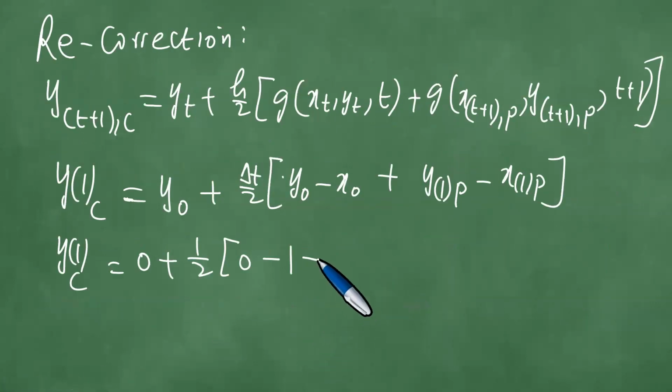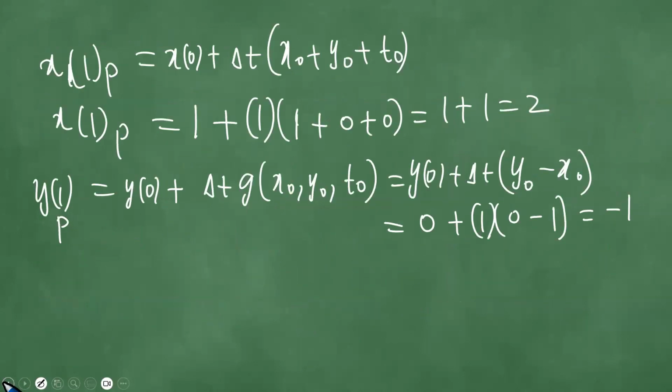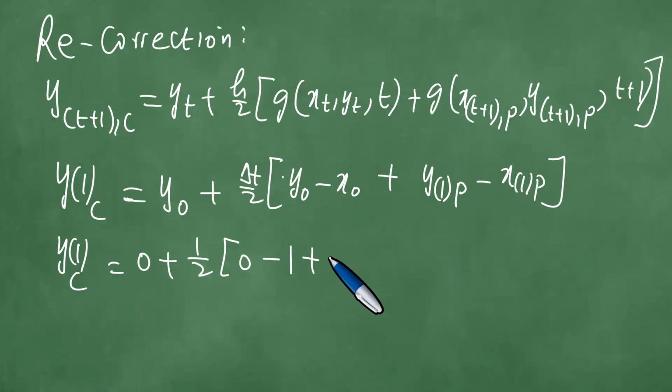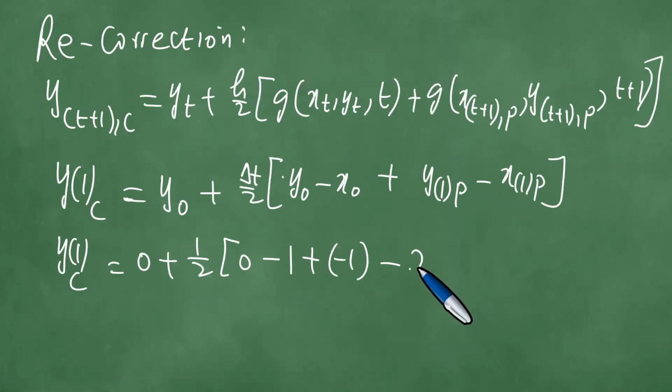So we actually have that y1p is minus 1. Let's substitute that one. We're getting a minus 1 here. X1p, 2.25, like this.